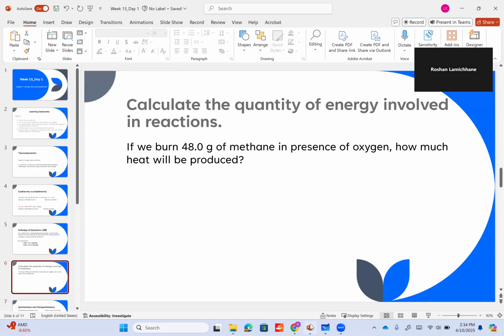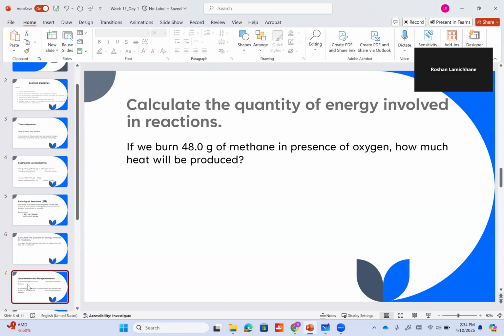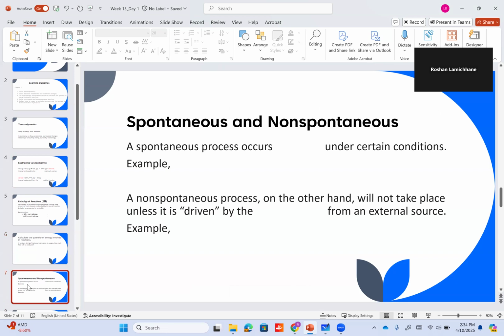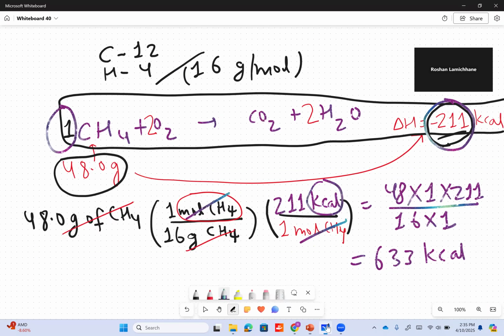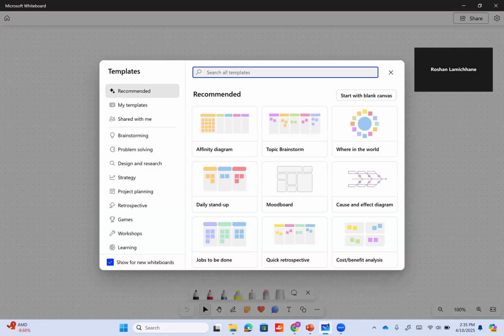All right. And one last slide really quick. This concept is called spontaneous and non-spontaneous. I'm just going to give you a layman's explanation of this. Spontaneous is basically, think about this as my top of the hill right here, or mountain.